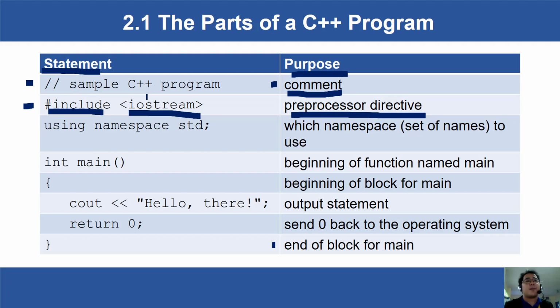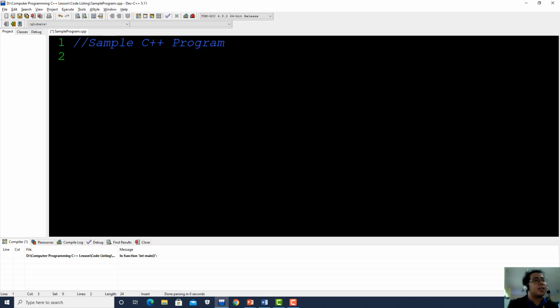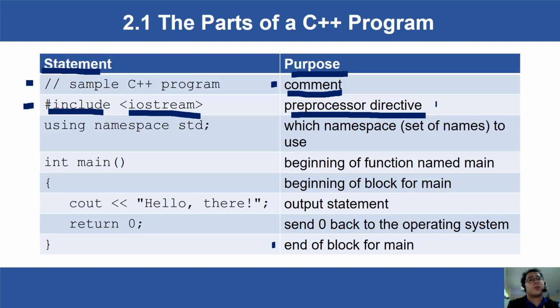Kumbaga, I'm going to use this file for my program as a reference. Kumbaga, nakukuha ninyo. So, I'm going to include files for input and output. That's why we use iostream. Okay? So, paano siya nilalagay sa program? Dapat daw ang program merong preprocessor directive.